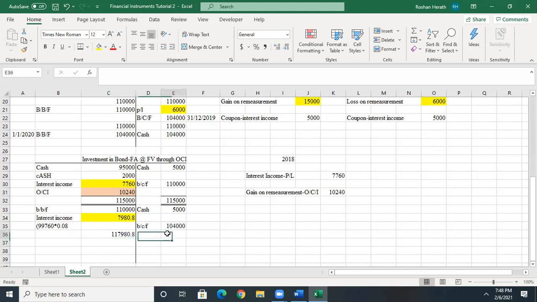It's 117,980, and here comes a kind of remeasurement loss. It's 8,980.8, and it goes to the OCI. This second year, our loss goes to the OCI.